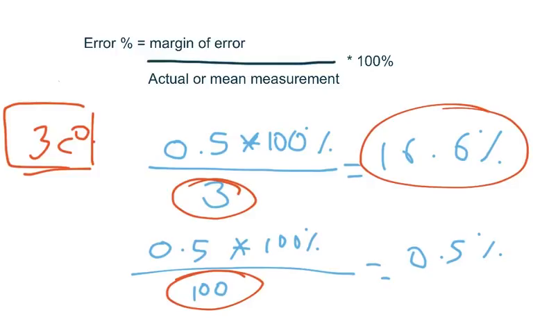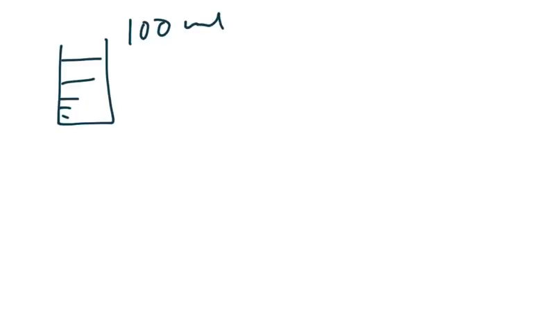So remember that when you are measuring for error percentage, you need to take into account your mean or actual measurement and the margin of error. For example, assume you have a 100 ml graduated cylinder with a plus or minus 1 ml error.